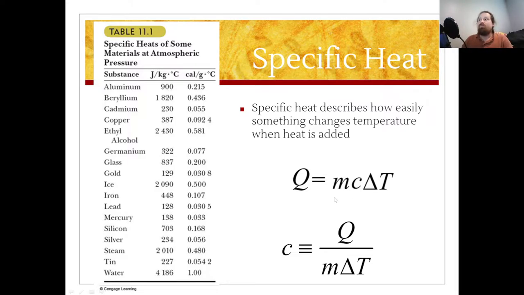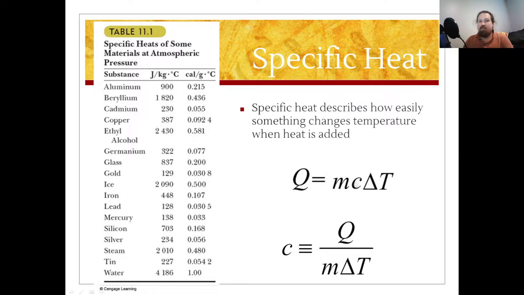So all of the different things that I've described in this lesson so far as affecting thermal energy, affecting an object's temperature. The amount of thermal energy that an object either gains or loses will affect its change in temperature based on its mass, but also based on what it is made of. The C term, the specific heat term, is the part that takes into account what the object is made of.